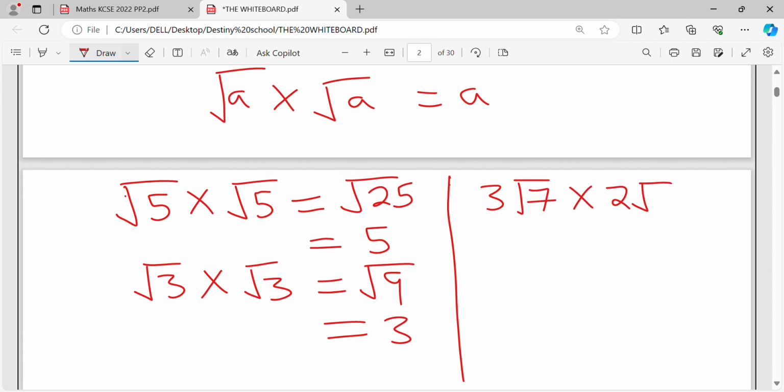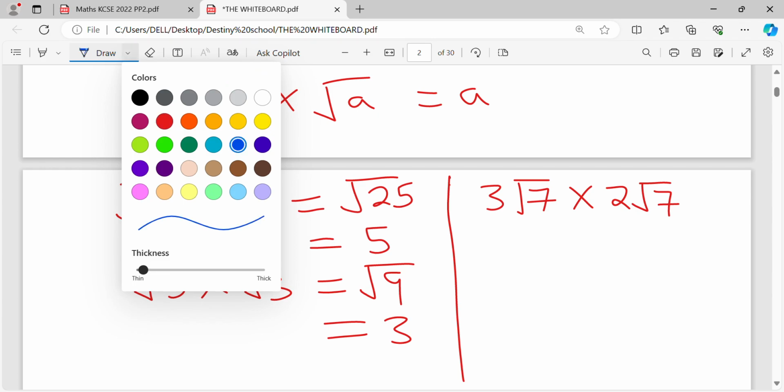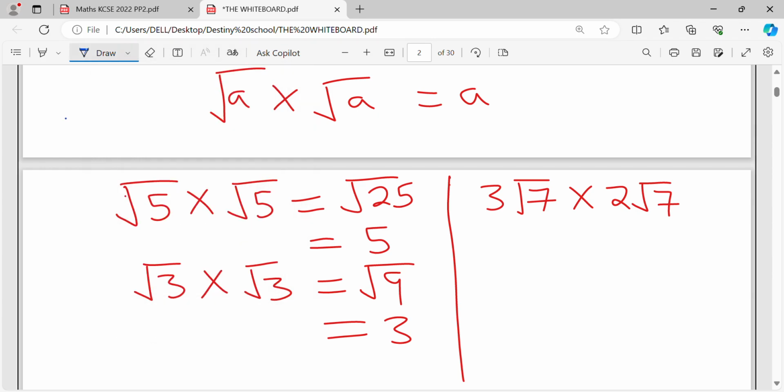I can also give you another application. Let's say we have 3 root 7 times 2 root 7. In a scenario like this, we multiply what is outside the root, which in this case is 3 times 2.